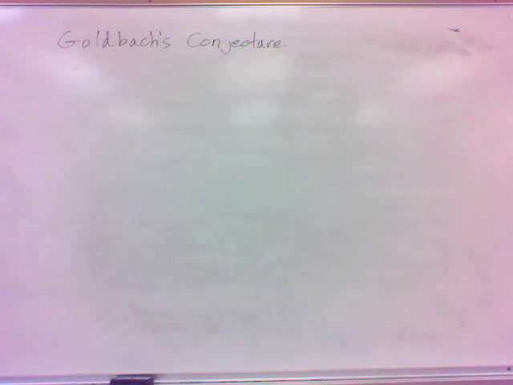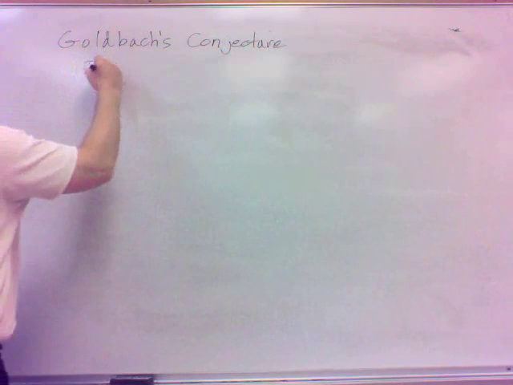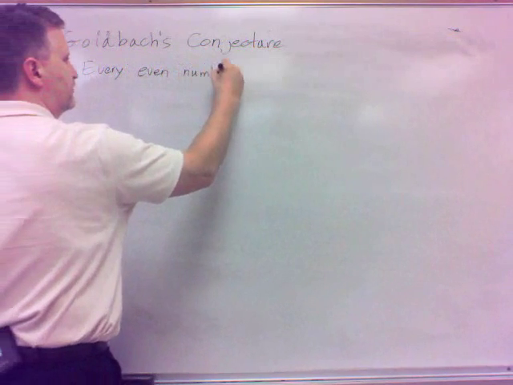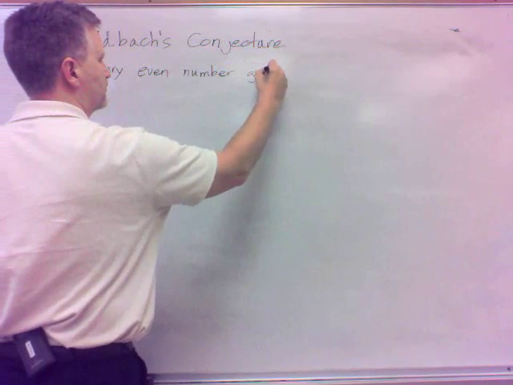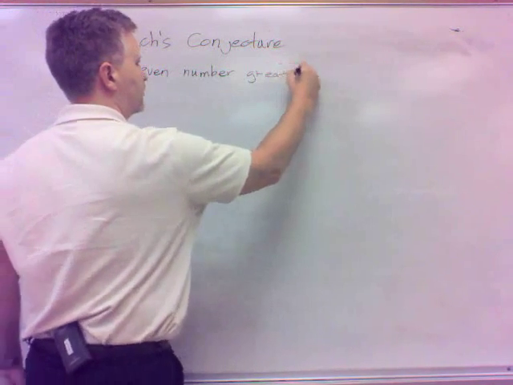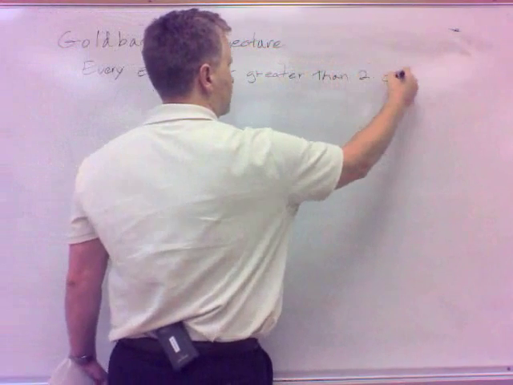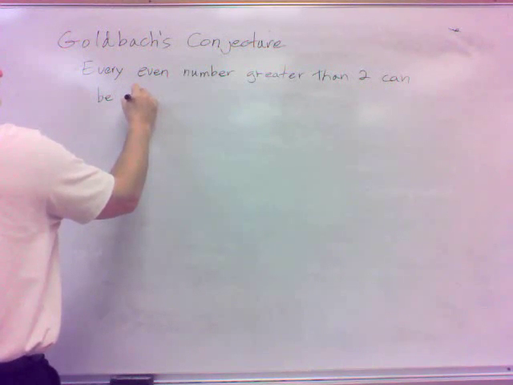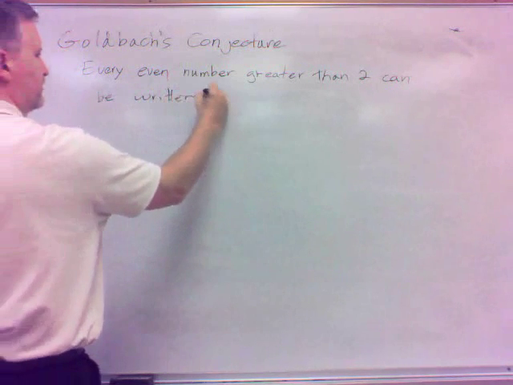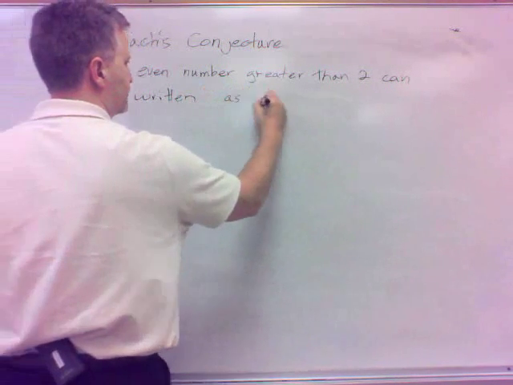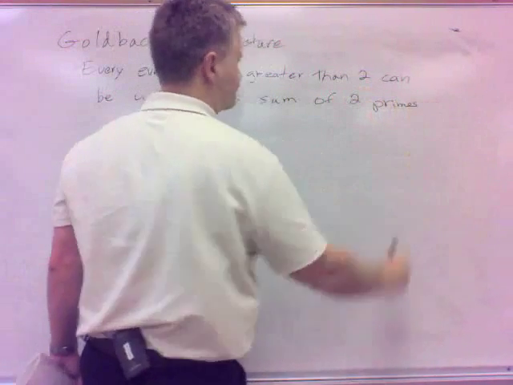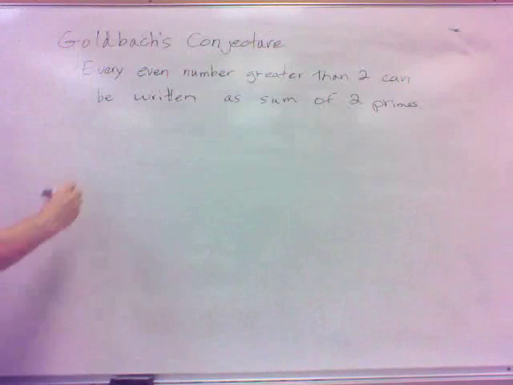Okay. All right, one other last thing, and that is I'll tell you about Goldbach's conjecture. Goldbach's conjecture goes like this. Every even number greater than 2 can be written as a sum of 2 primes in at least one way.